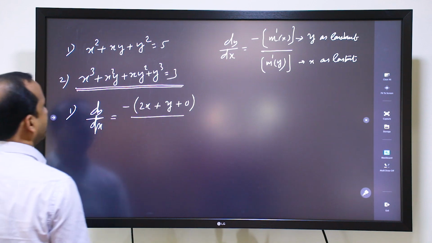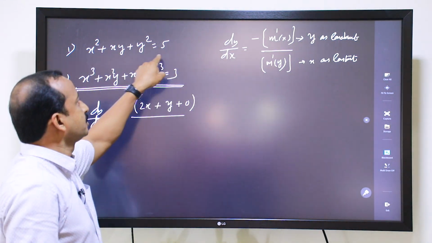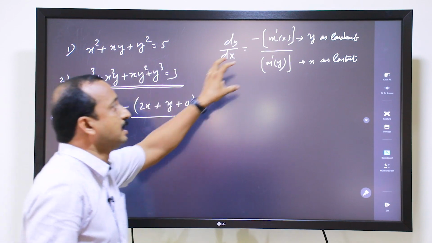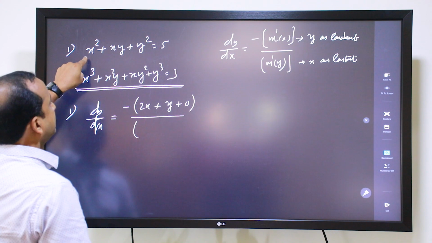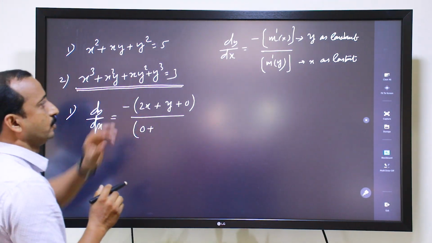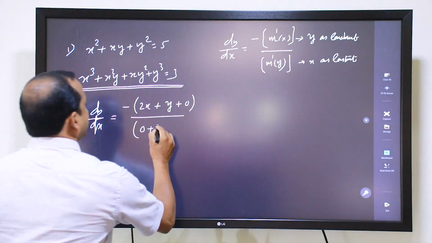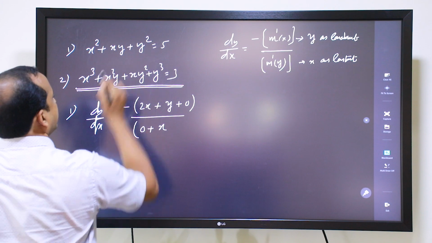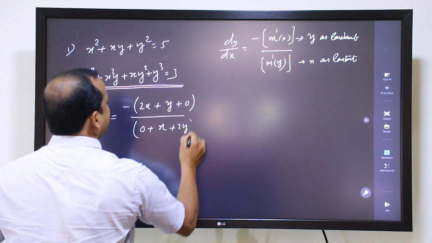The whole divided by, in the denominator we find the derivative of this function with respect to y. At that time x is a constant. Here x square is a constant and the derivative becomes 0. Plus, in x into y we consider x as a constant and the derivative of y with respect to y is 1, that is x into 1, and the derivative of y square with respect to y is 2y, plus the derivative of 5 is 0.